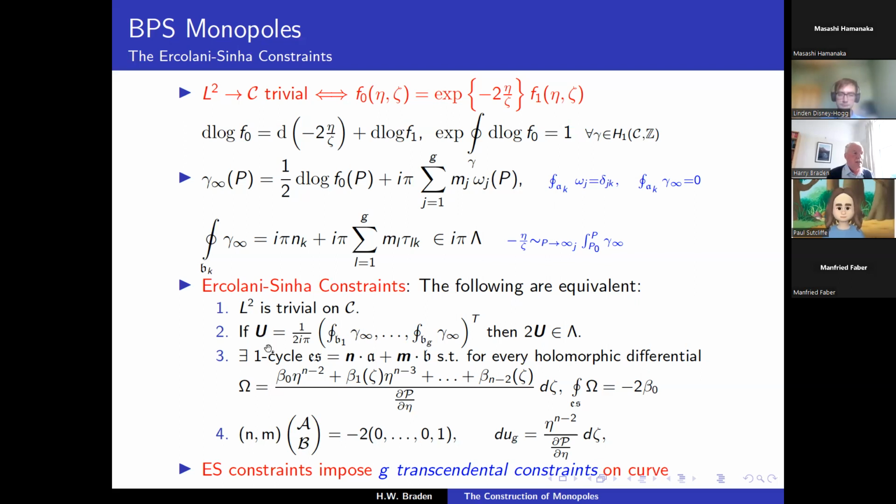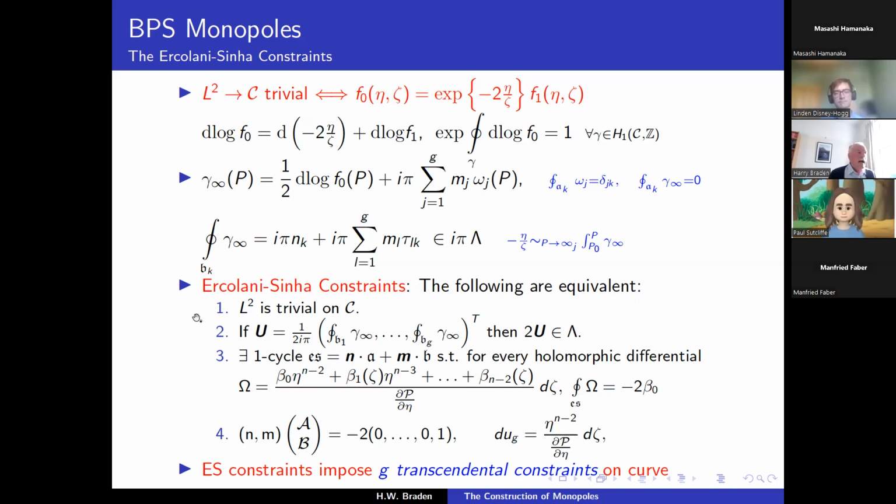So this vector U, U is taking values in the Jacobian of the curve, which is the quotient of C to the genus of the curve by a lattice, which I've denoted here by lambda.